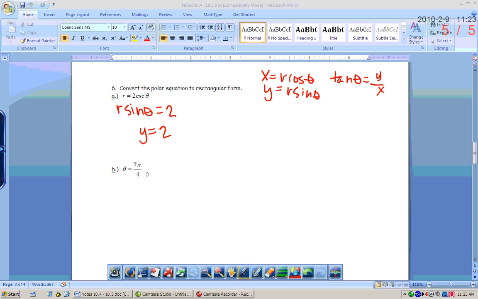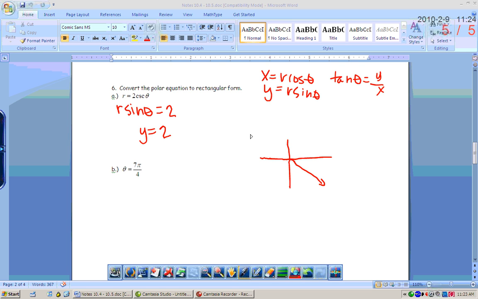And then part B, theta equals 7 pi over 4. I want you to visualize what the polar graph of theta equals 7 pi over 4 would look like. Is there anything? There's nothing about r in this equation, so it just means that your theta is going to be 7 pi over 4. So it would just be a straight line wherever theta is 7 pi over 4.